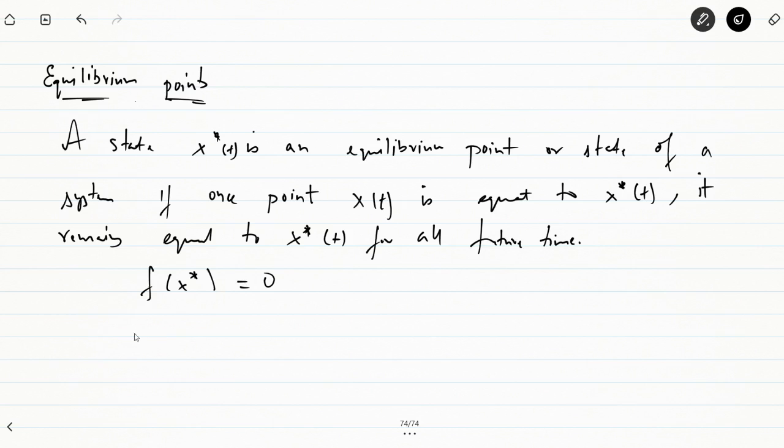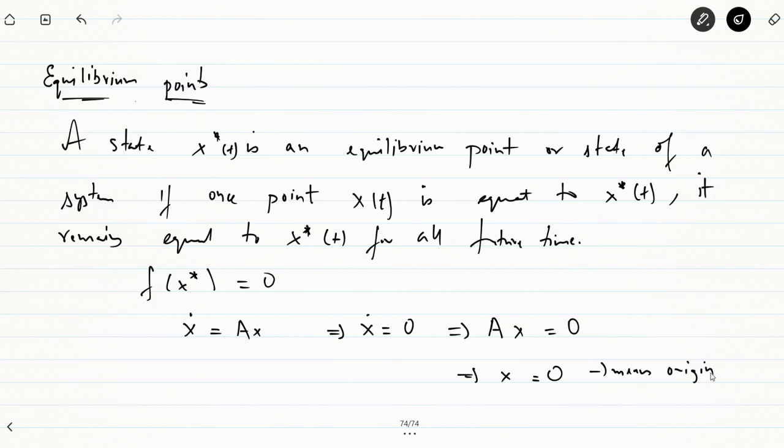Now if you see with respect to a linear system, x dot equal to Ax, for a linear system x dot equal to 0 implies Ax is equal to 0. Unless A is a singular matrix, x will be equal to 0, meaning the origin. x is a vector here.